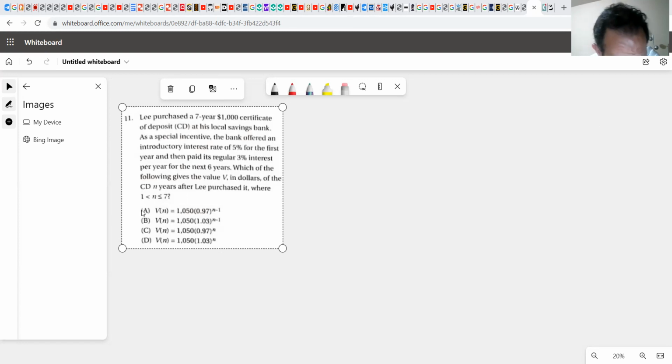So right off the bat, I guess you can see that it would be something that's greater than 1. So I would say it would probably be either choice B or choice D. But let's just go through some thinking behind doing this problem.